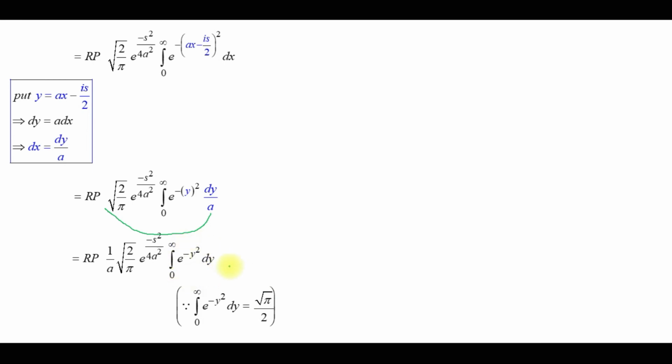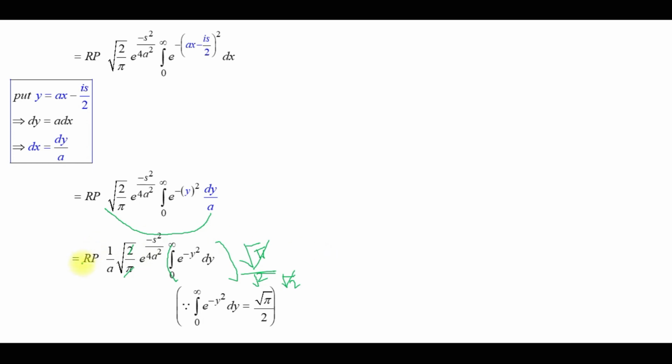So substituting here root pi divided by 2, root pi gets cancelled. So this 2 can be written as square root of 2 into square root of 2, and one square root 2 is cancelled.